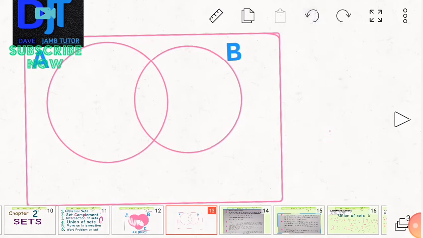Another thing I would like to explain with this diagram is complement of a set. If I decide that I just want to fill A, and I don't want to fill anything else apart from A, let me draw another diagram so that you can understand.